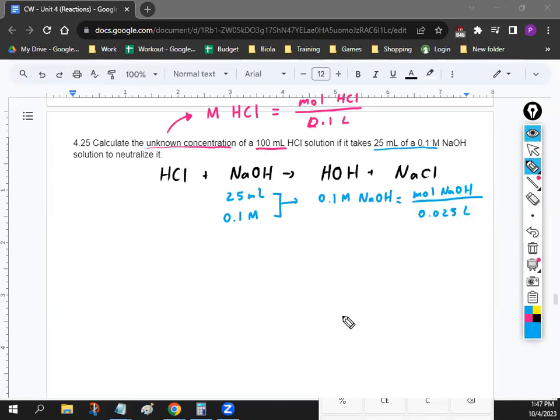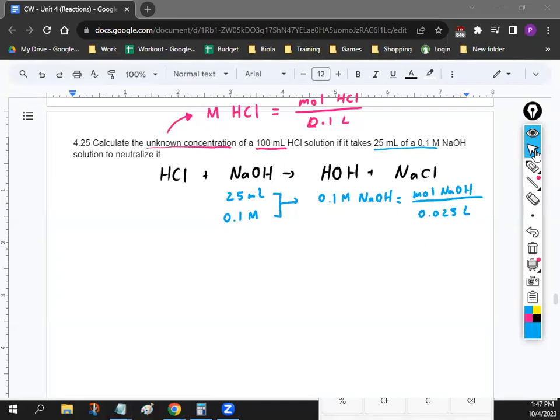Once we find moles of NaOH, we should be able to calculate the moles of HCl. I'll pause right there because it looks like people are copying down or finishing up. Does anyone have any questions on why we set it up that way? Or does that make sense now?